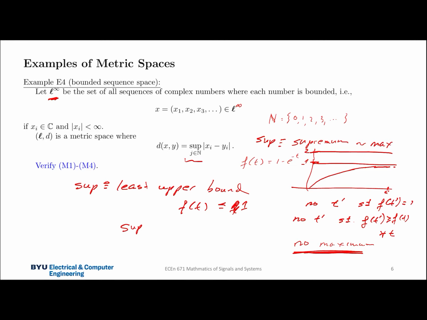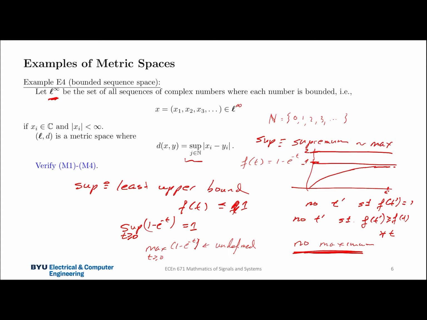So you would say the supremum of 1 minus e to the minus t on the set t greater than or equal to 0 is equal to 1, because it's the least upper bound. The maximum of 1 minus e to the minus t, t greater than or equal to 0, is undefined. Okay, so think of the supremum as a more general and a little more useful equivalent to the maximum.